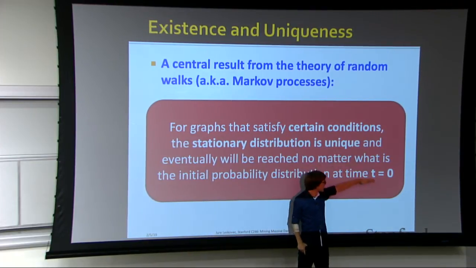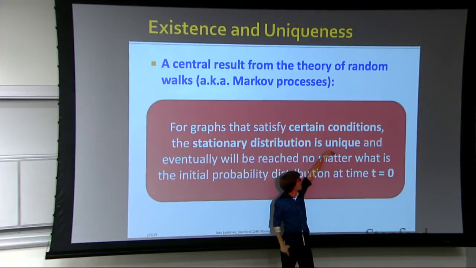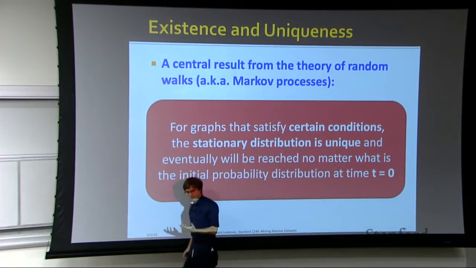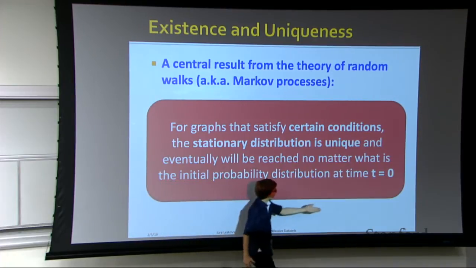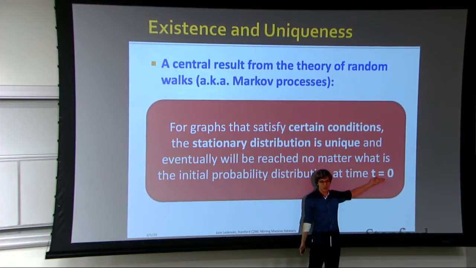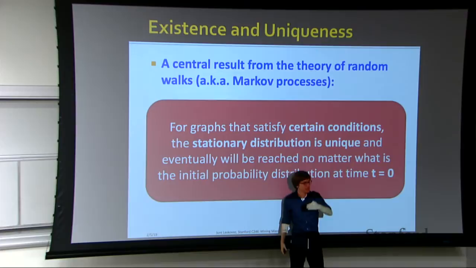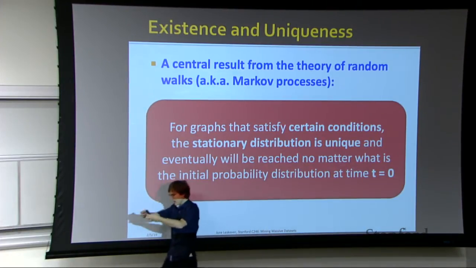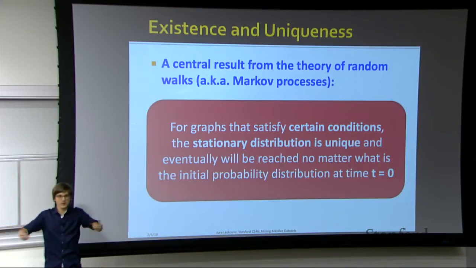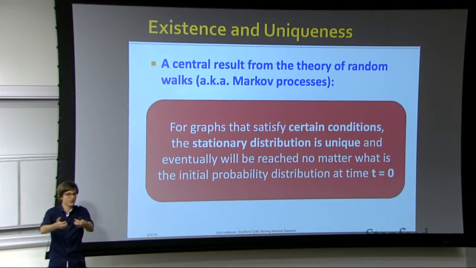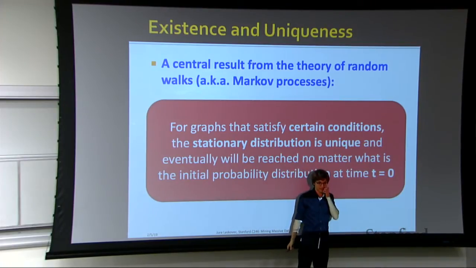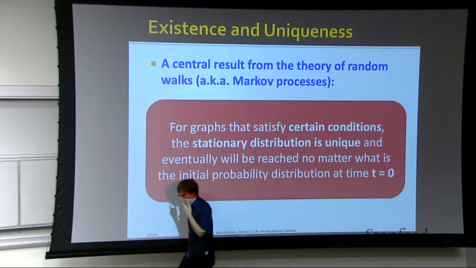Whatever I start with, I will always converge to this. Another way to think of this is that wherever the random walker starts, after some number of steps, our belief about where the random walker is will become stationary. It won't depend on where the random walker started.